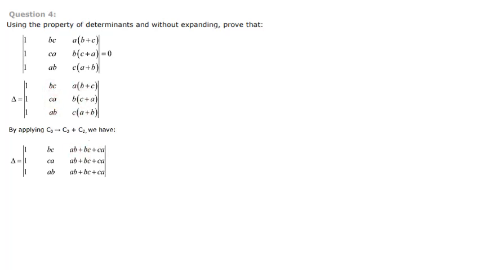Here also the same thing: C2 and C3 adding, AB you are getting, BC you are getting, plus AC. Next, AB is here, BC is here, AC also there. So AB plus BC plus AC. Then when you check the third column, all elements are same, AB, BC, CA.